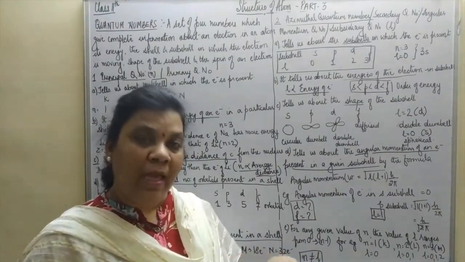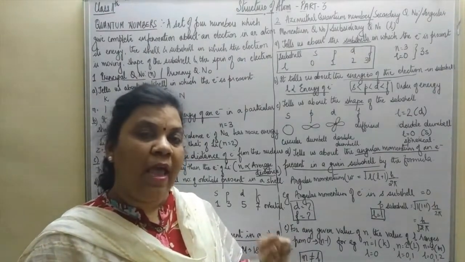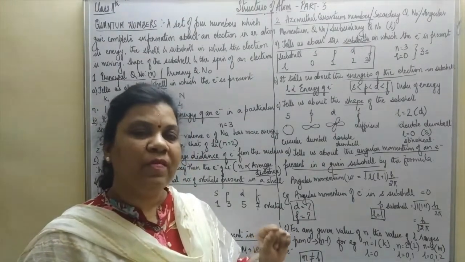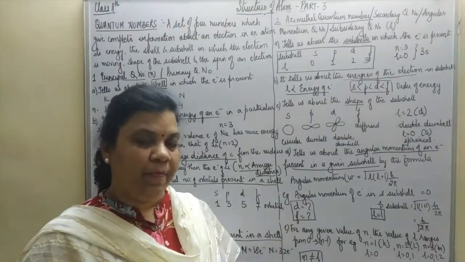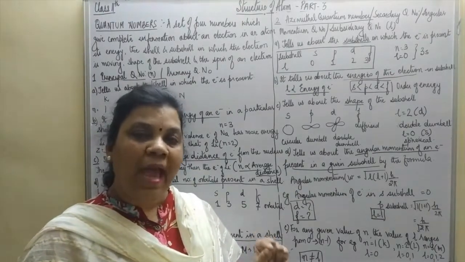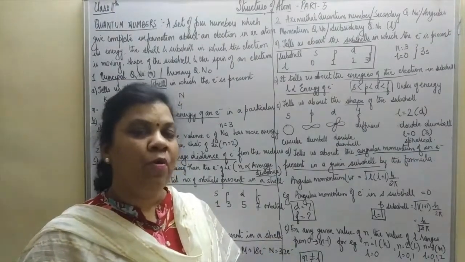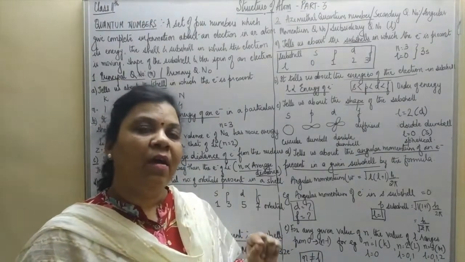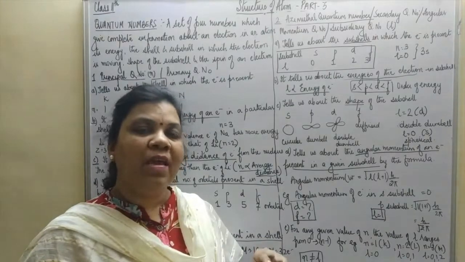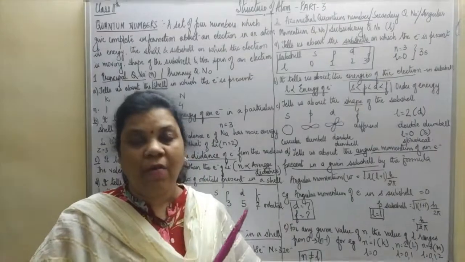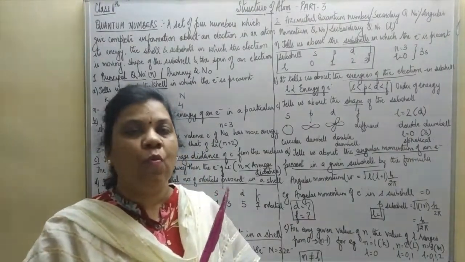L cannot be equal to 3 because for any n value, the value of L will range from 0 to n minus 1. That means the maximum L value will be 1 less than the n value. That means we can say the n and L values can never be the same. So now we are going to discuss the next two quantum numbers.